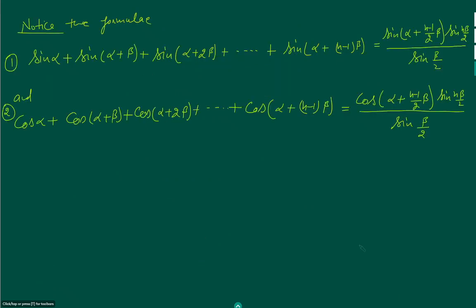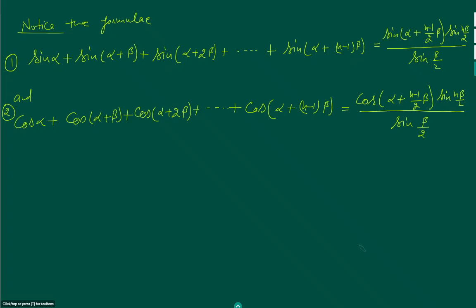Before we do the next exercise, we have to know these two formulae. The first formula is that sin(alpha plus beta) plus sin(alpha plus 2 beta) plus and so on up to sin(alpha plus (n minus 1) beta) is equal to sin(alpha plus (n minus 1)/2 beta) multiplied by sin(n beta/2) divided by sin(beta/2).